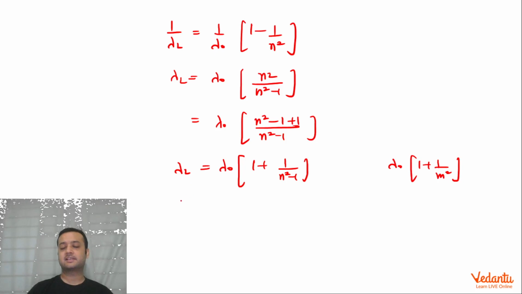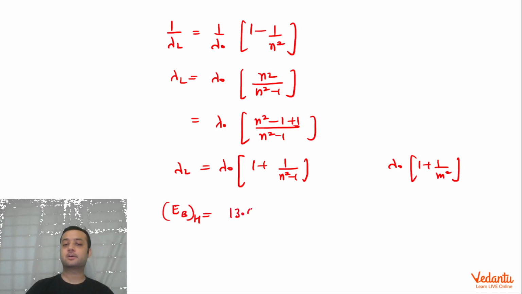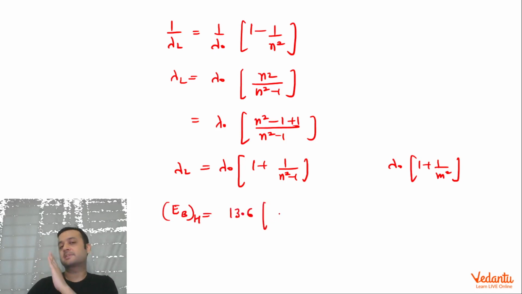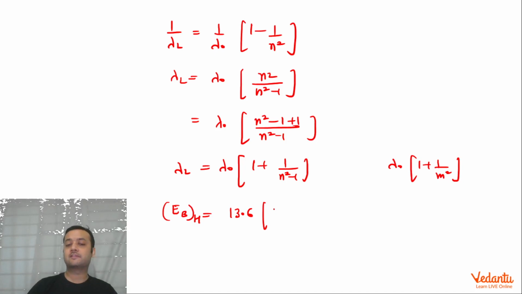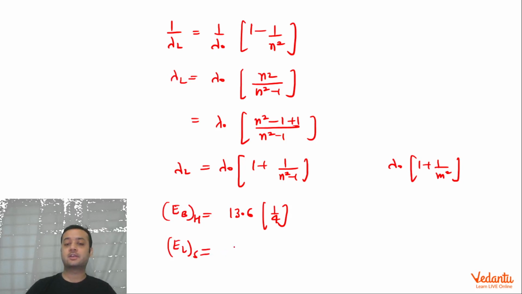The wavelength ranges of Lyman and Balmer series do not overlap. ये भी अपन उसी लॉजिक से देख सकते हैं. अगेन अगर वेवलेंथ ओवरलैप करेंगे तो एनर्जी भी ओवरलैप करेगी. तो एनर्जी ऑफ बामर हाईएस्ट कितनी होगी, दैट विल बी 13.6 into when the transition happens from infinity to 2, so that will be 1/4. ठीक है, एंड लाइमन की स्मॉलेस्ट एनर्जी कितनी होगी, when the transition happens from 2 to 1, 13.6 into 1 minus 1/4, right.